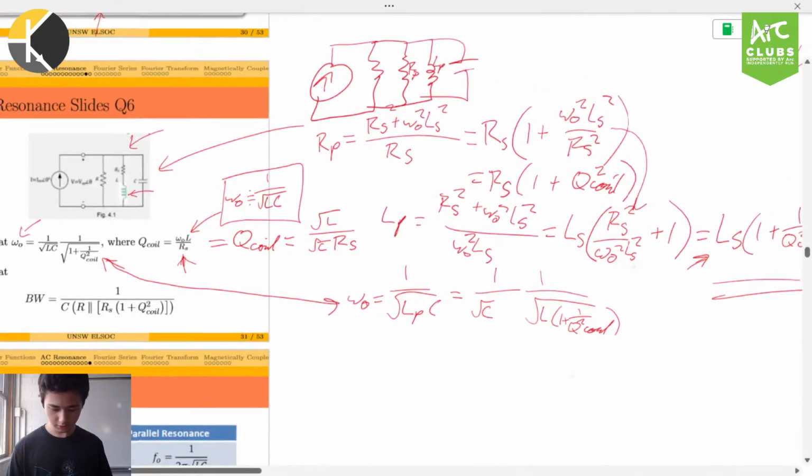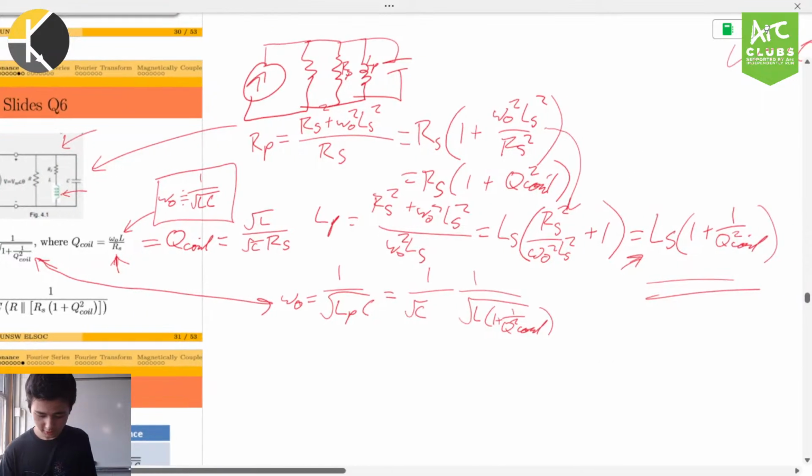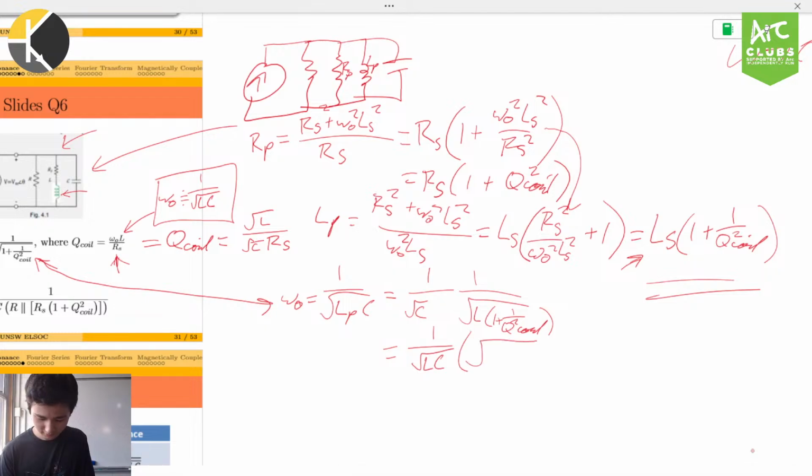And now, wow, it kind of just falls out of there. Square root 1 over square root of 1 plus 1 on Q squared coil. Make that mess. All right.